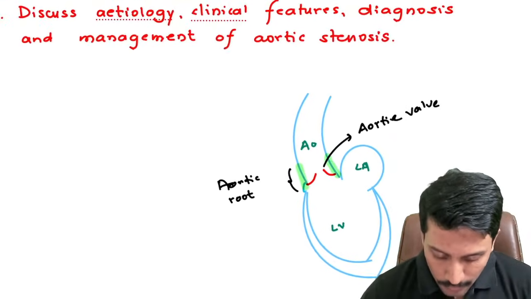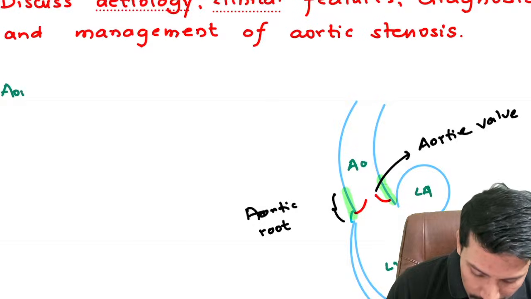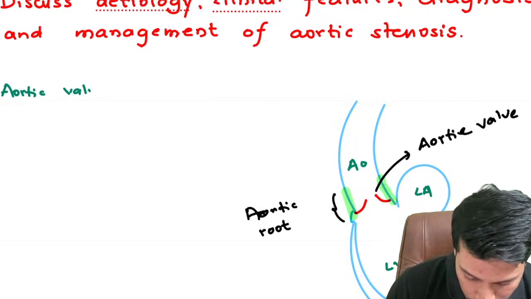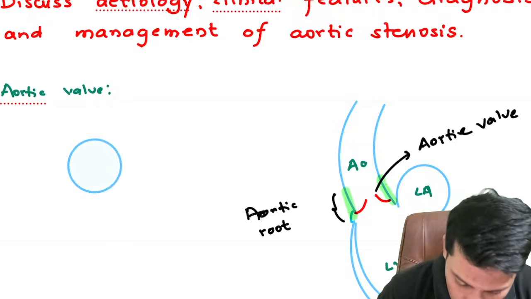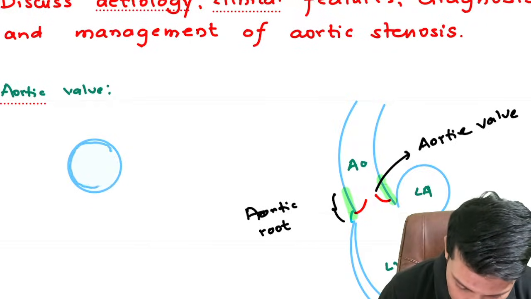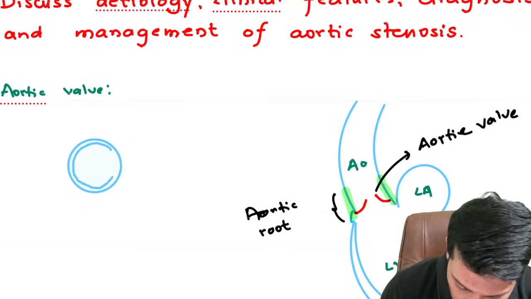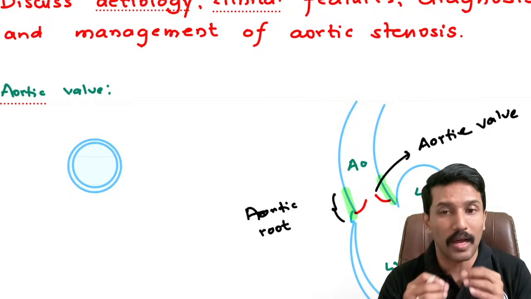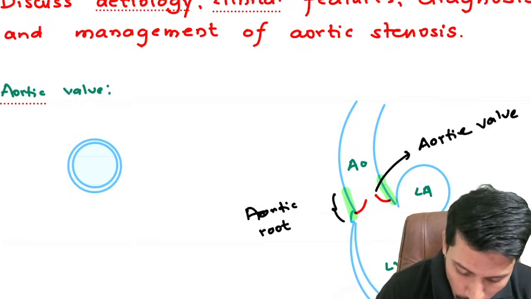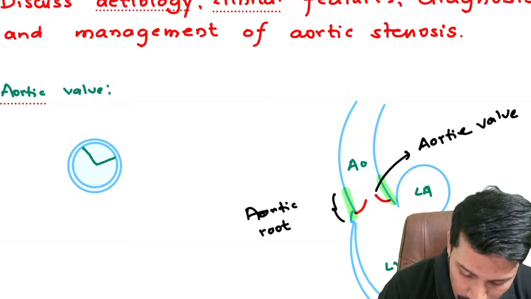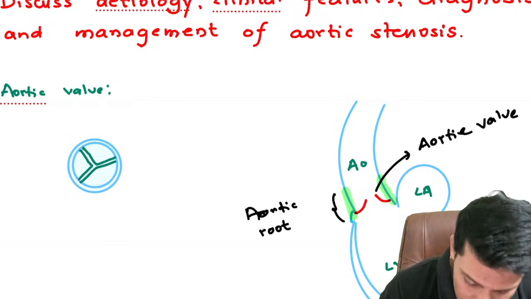Just like any other valve, the aortic valve is made of a connective tissue ring, and that connective tissue ring we call the annulus. To that connective tissue ring the cusps or valve leaflets are attached. So examiners would be interested to know whether you know how many leaflets are present in a valve. So make it a point that you do write about the number of cusps present.